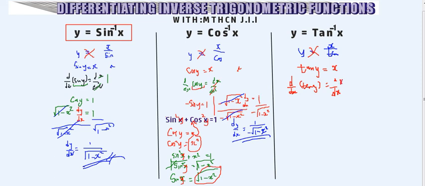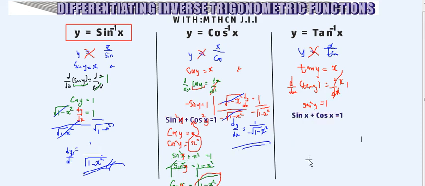So d dx of tan y, when you differentiate tan, you're going to end up with what? Sec square y is now equal to, differentiate x, it's going to give you what? 1. So sec square y is equal to 1. So next thing is to recall the trig identity that says sine square x plus cos square x is equal to 1.